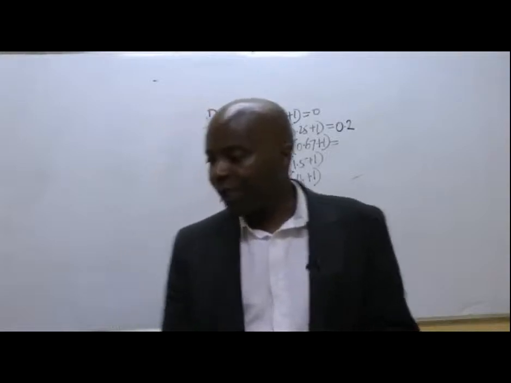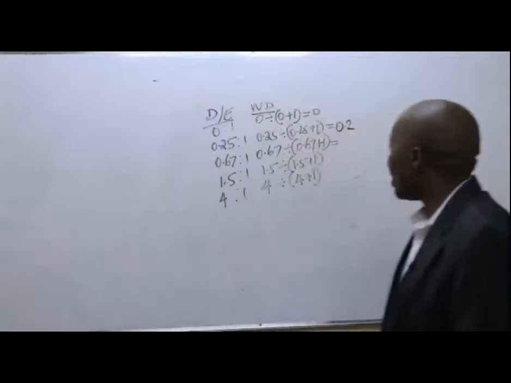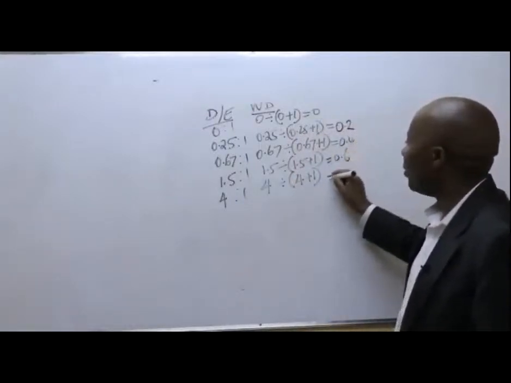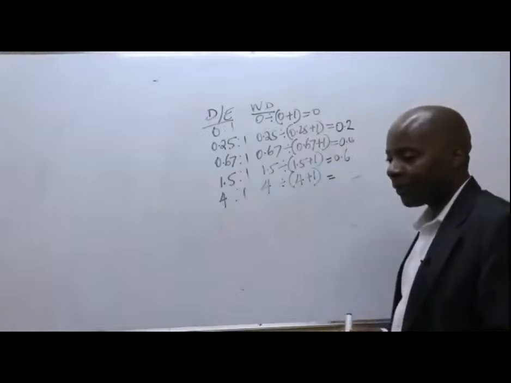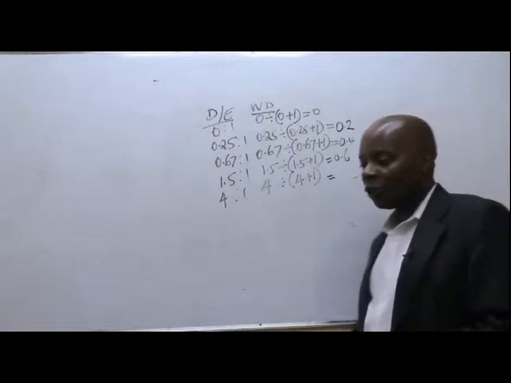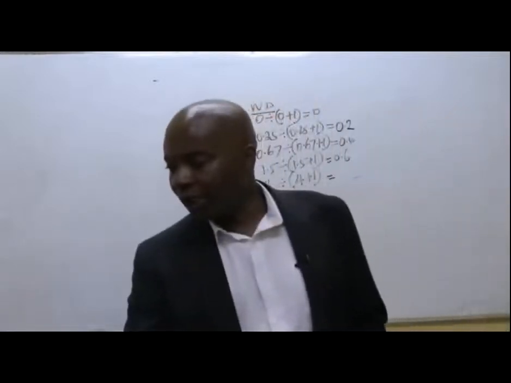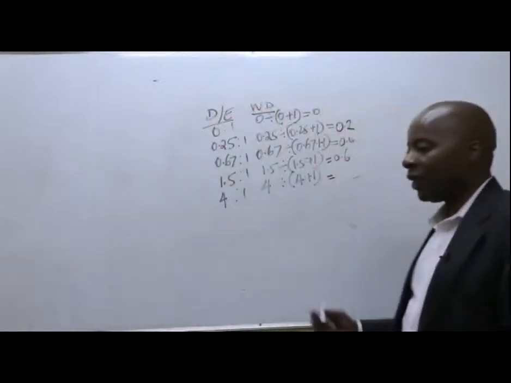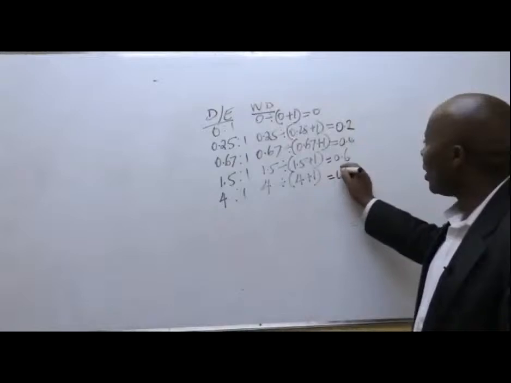Next one, I'm being told is 0.4, and then we have 0.6. How about the last one? For the last one, I'm being given a figure of 0.8. Thank you very much.